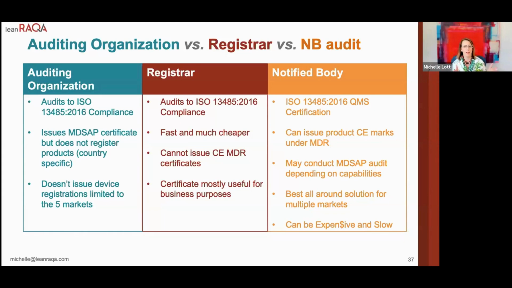Right now they are accepting MDSAP certificates, but not for the purpose of MDSAP, just because it happens that they cover all of 13485. So generally, a notified body ISO 13485 certificate is going to be much better if you're planning on multiple markets. It can be expensive and slow.